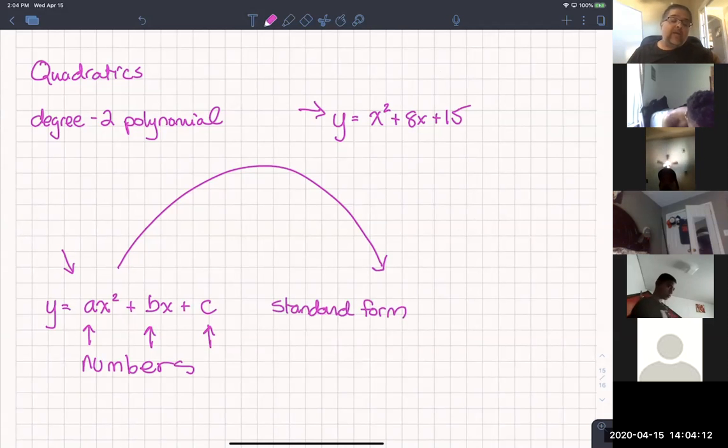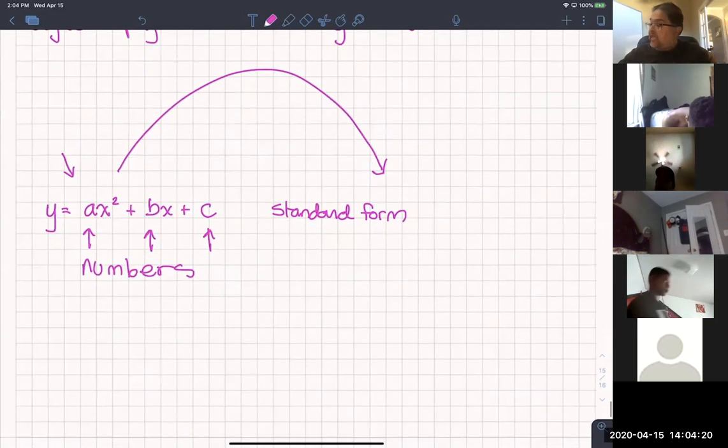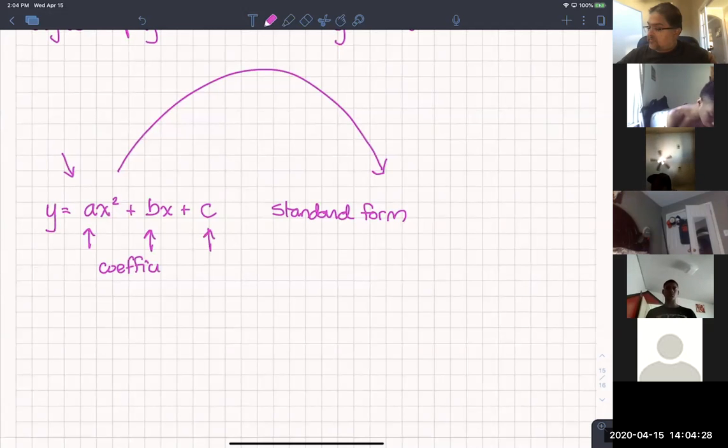Now, what is the name that we give to a number in front of a variable? Coefficient, right. So A, B, and C are called coefficients, because they're numbers in front of variables.